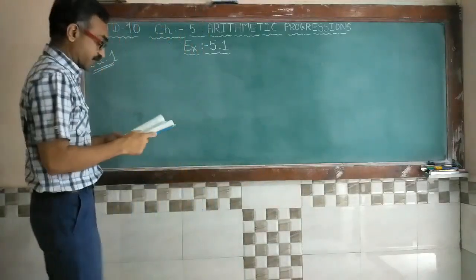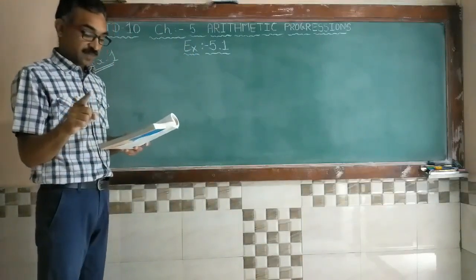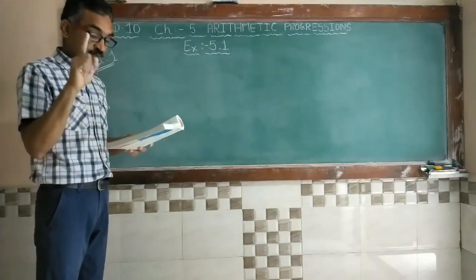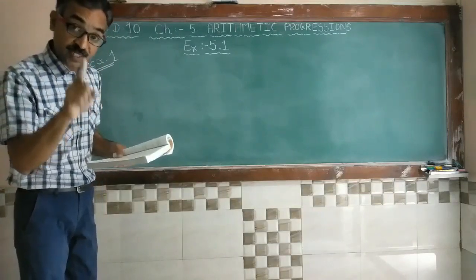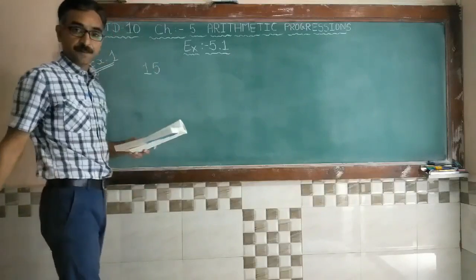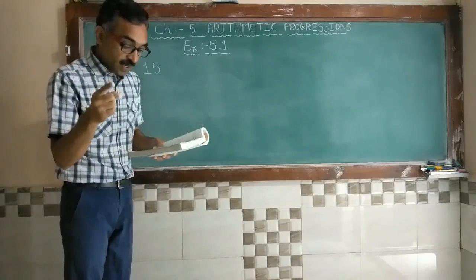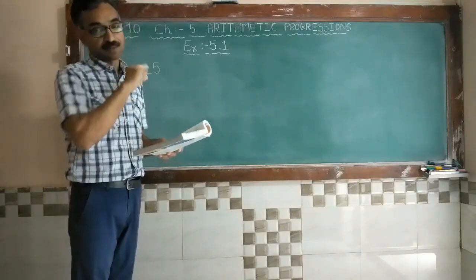Your first example is the taxi fare after each kilometer, when the fare is rupees 15 for the first kilometer. So you have to write here 15. Okay. Now see, and rupees 8 for each additional kilometer.